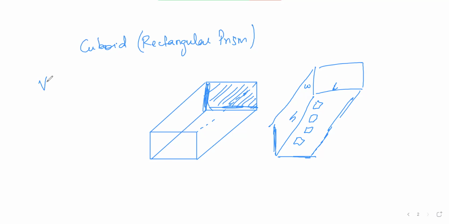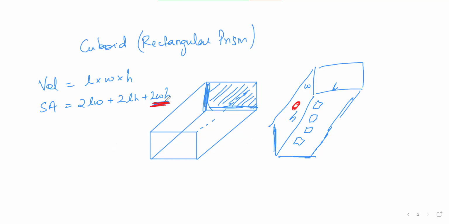Therefore, the volume of a cuboid is length into width into height, and the surface area is twice the length into width plus twice the length into height plus twice the width into height. Twice width into height is the red portion out here.